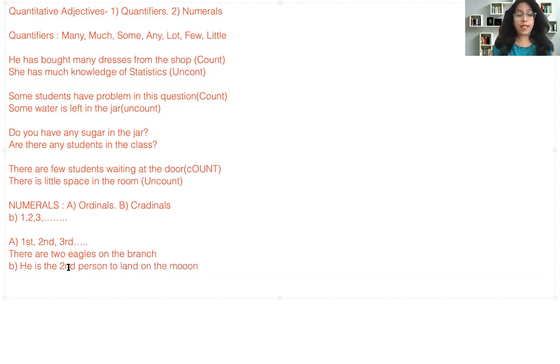This way we can use this quantitative adjective, second person. These are the quantitative adjectives which will of course come in your exercise.